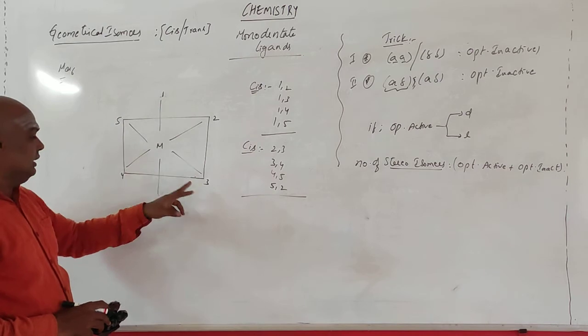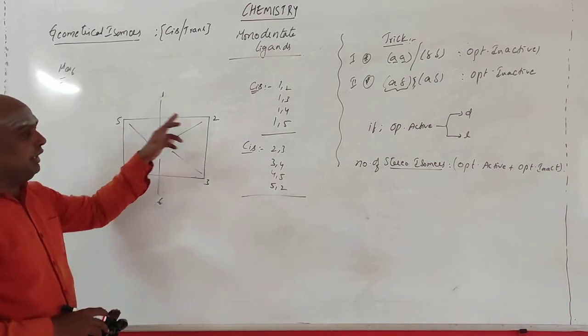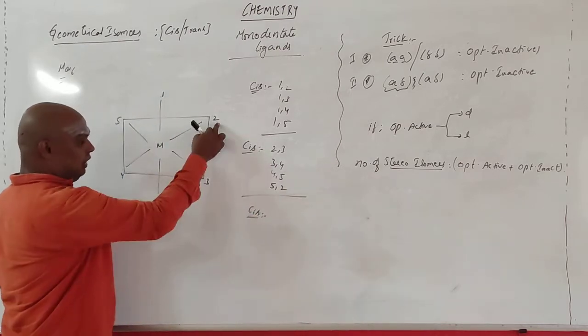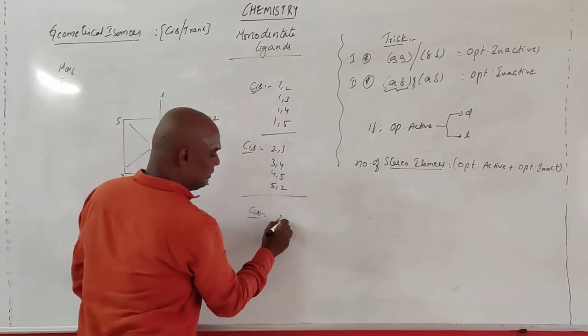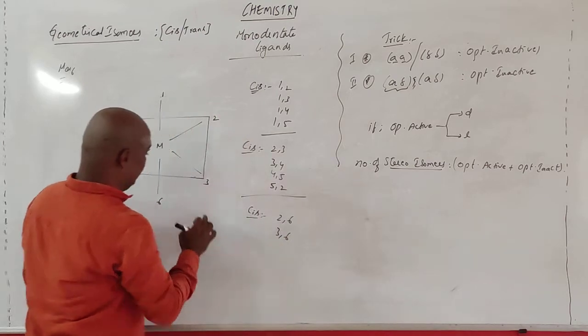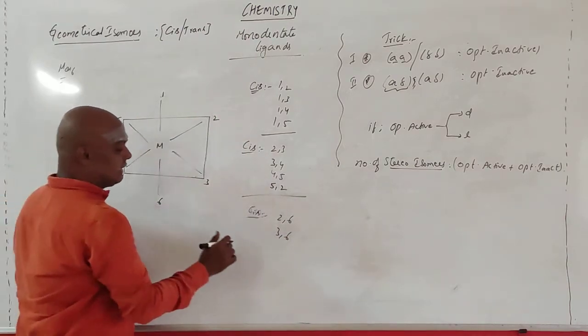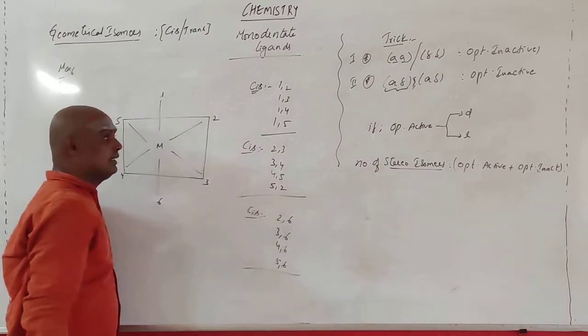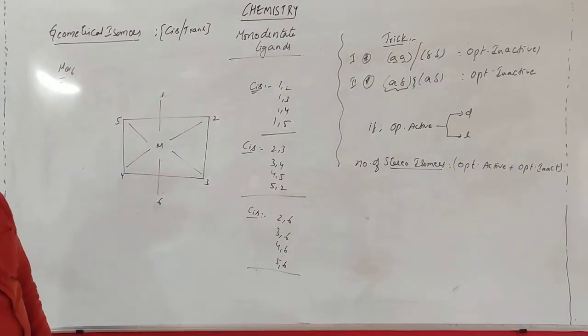One more 6 combination with the bottom one: 2,6; 3,6; 4,6; 5,6. These are all the 6 conditions.